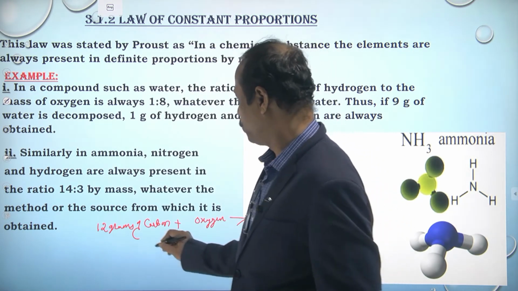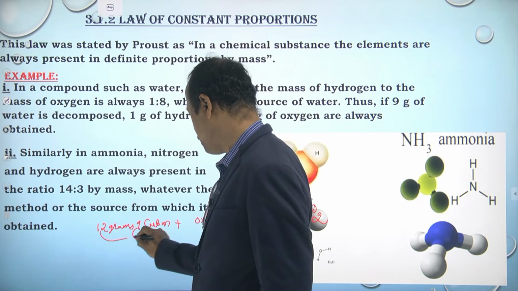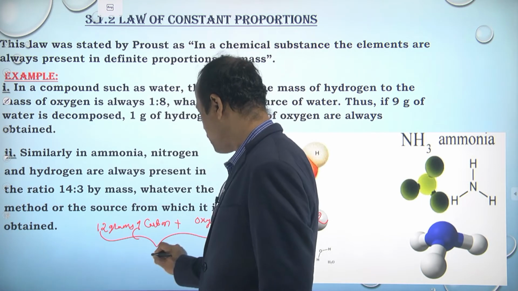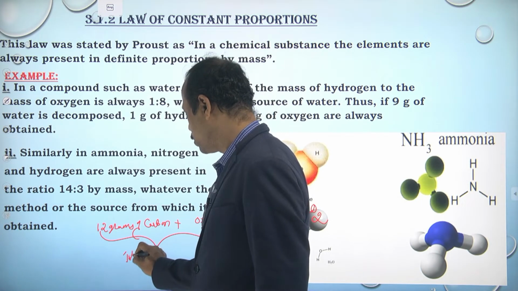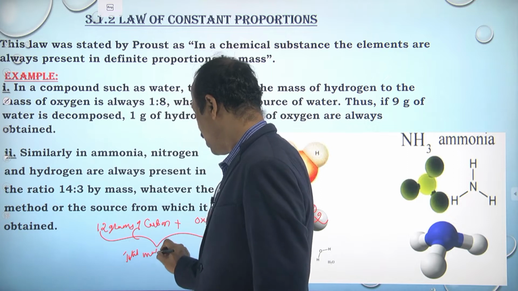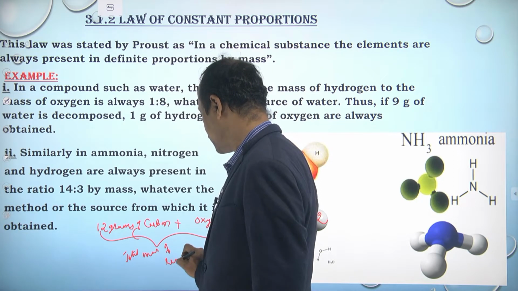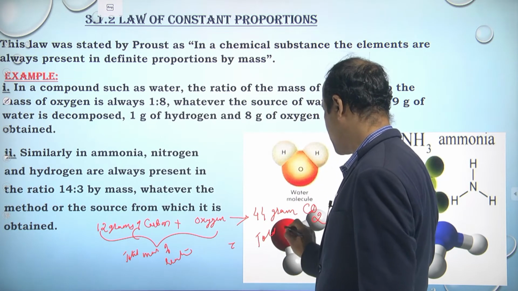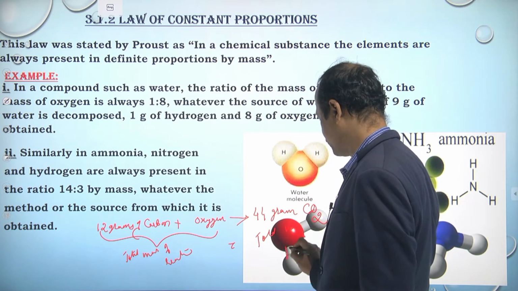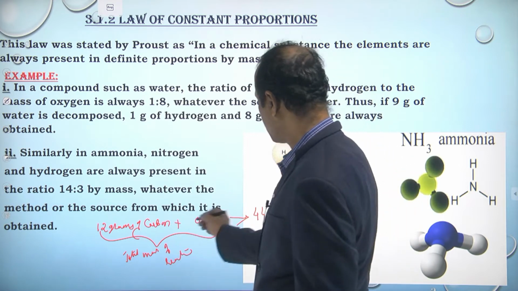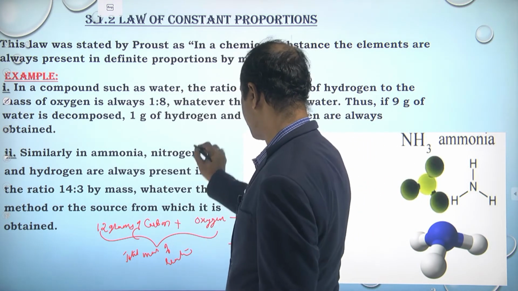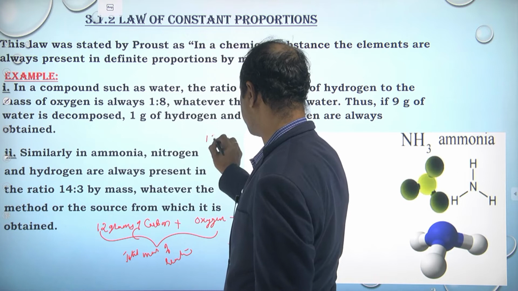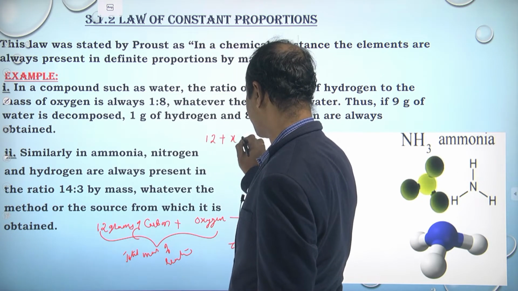Very good. So we know that from the law of conservation of mass, the total mass of reactants is equal to total mass of products. Okay, and here total mass is how much we don't know. So we can write, one is 12 grams, and other one we don't know, that is x grams.